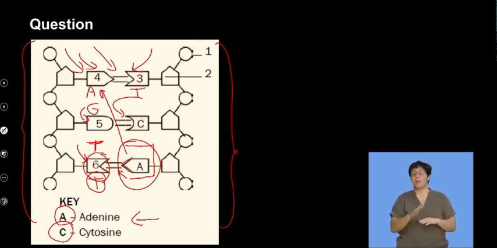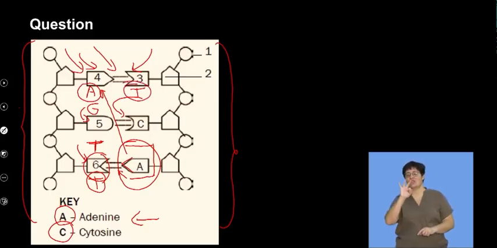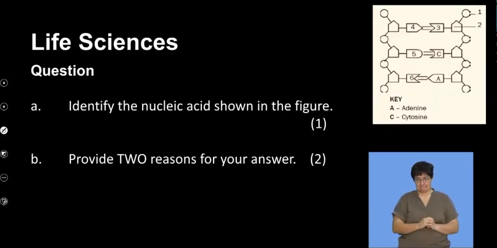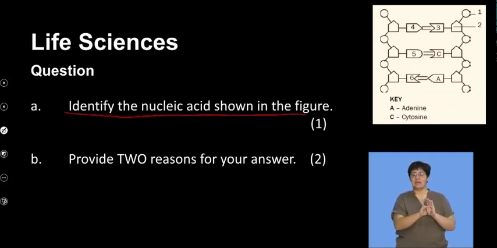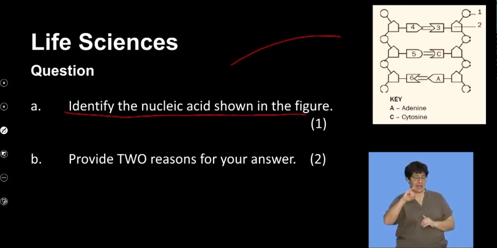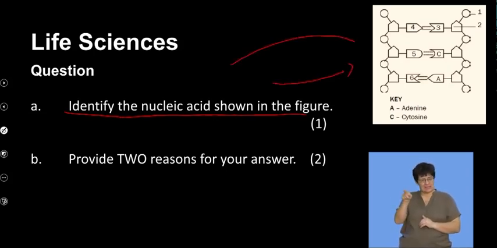Based on that, we've now used that information to figure out that number 4 would be adenine and number 3 would be thymine. As we wrap this section up, it's important that we link back to where we started. Identify the nucleic acid shown in the figure. We know that this nucleic acid is DNA, and the reasons are, firstly, DNA is a double-stranded structure.